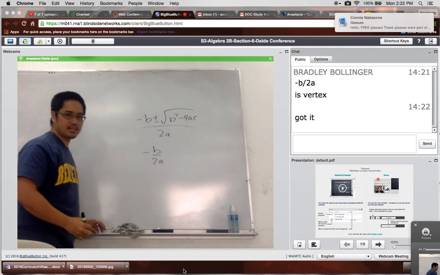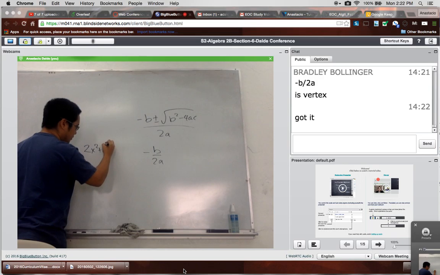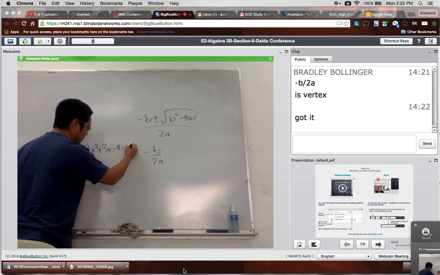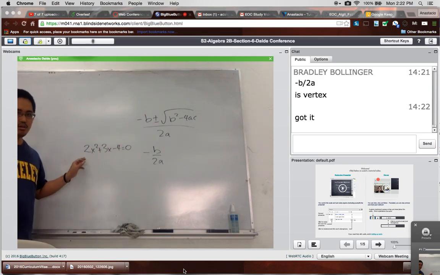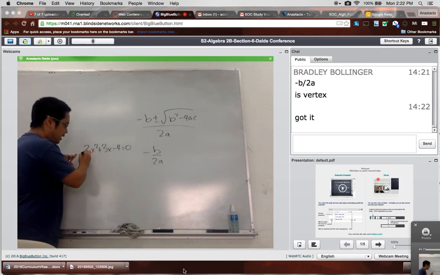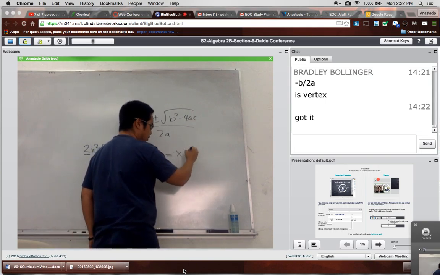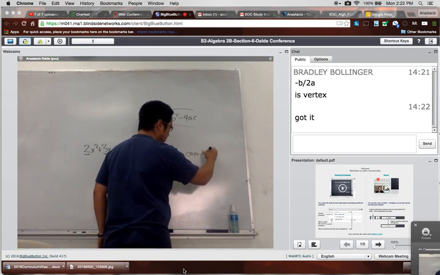And what that means is if you have some kind of quadratic like 2x squared plus 3x minus 4 equals 0, then all you got to do is plug a and b into this equation, and this will give you the x coordinate of the vertex.